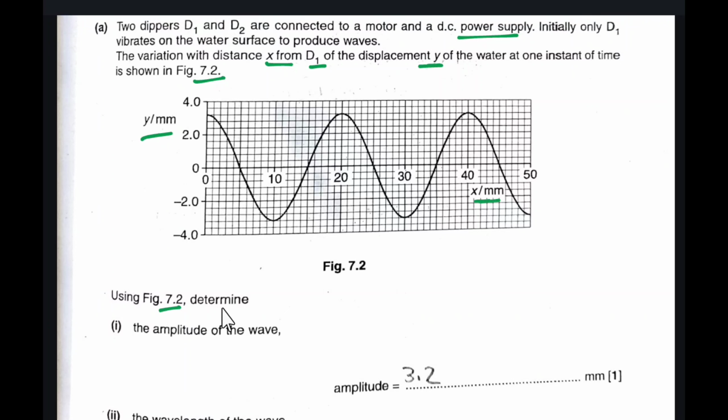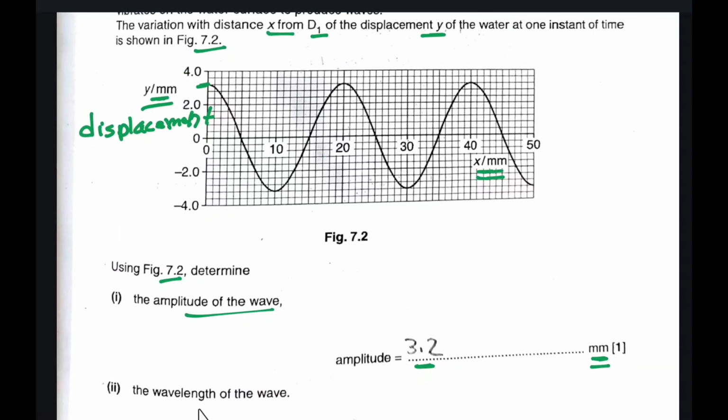Then use figure 7.2 to determine the amplitude of the wave. From this diagram we can see that y is displacement. Amplitude is the maximum displacement from its rest position. The maximum displacement from this graph is 3.2, and it is in millimeter. So 3.2 millimeter.